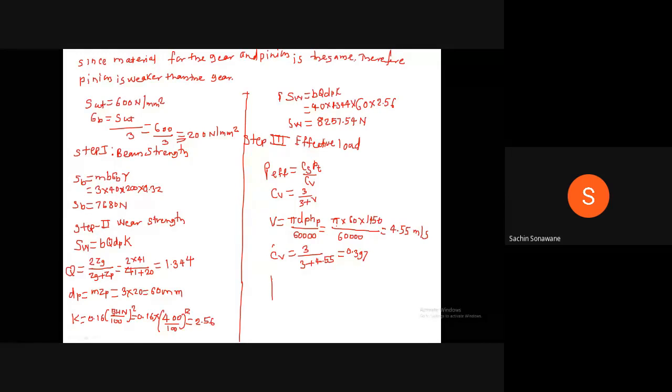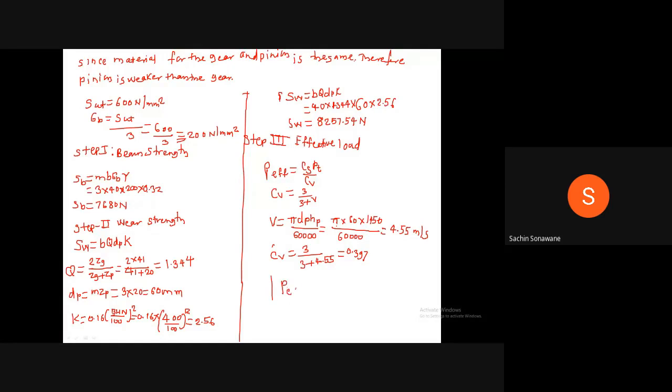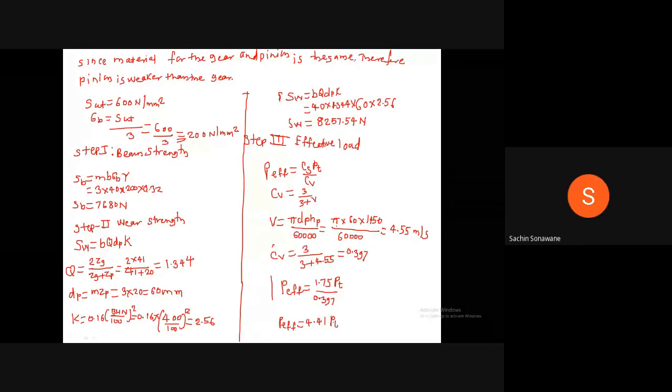P effective is equal to 1.75 into PT divided by 0.397, which is 4.41 PT. Yes, correct. Therefore, we have got the effective load. Now, for this beam strength, you give equation 1 maybe.